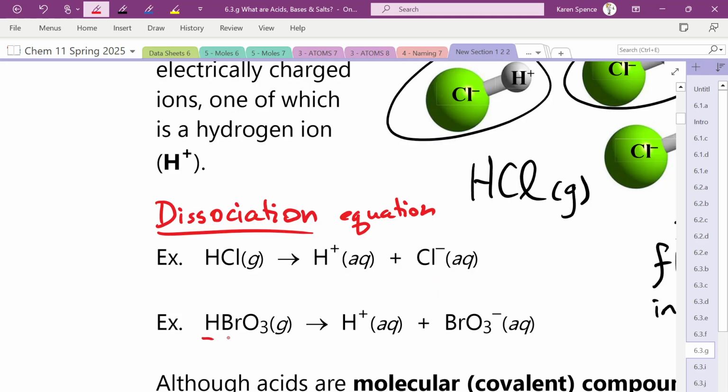We start with HBrO3. That will dissociate into H+ and BrO3-. This is not the same as decomposition, okay? This is not a chemical change. This is a physical change.